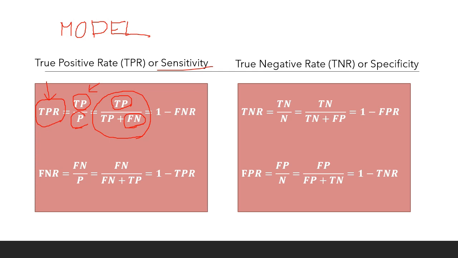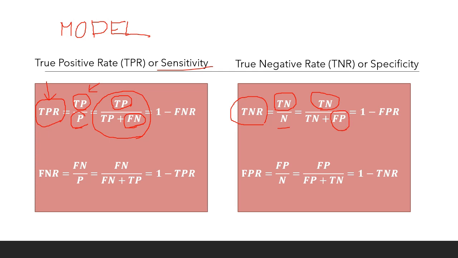The same happens with the true negative rate. So it's the number of true negatives divided by the total negatives. And for this reason, I also need to know the true negatives and the false positives. Okay, so I need to test it.